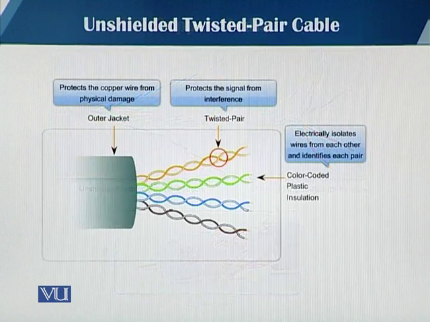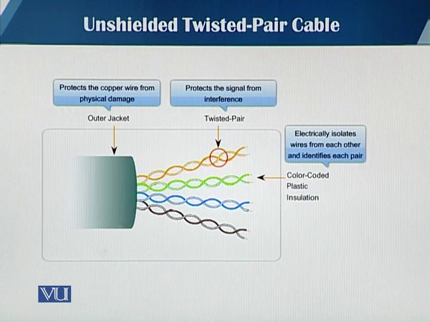So now we talk about the UTP cable. This is the most commonly used network media around in the networks. Basically the formulation of this UTP cable is a pair of wires which are twisted together. The reason for this twisting of the wire is to protect the signal from interference.